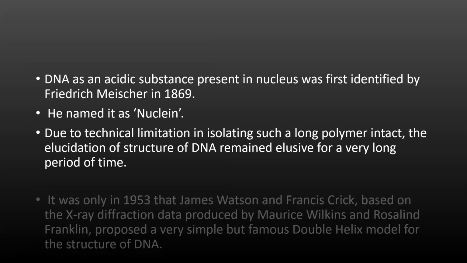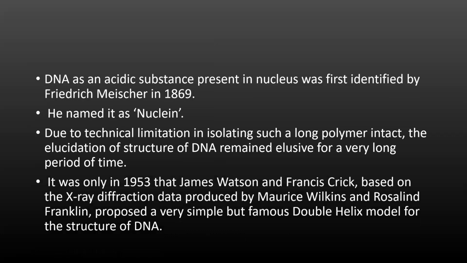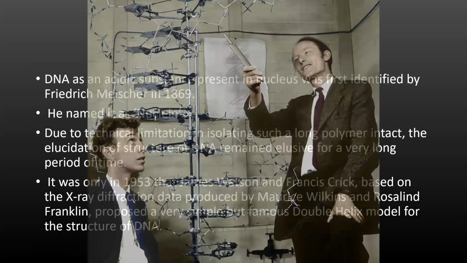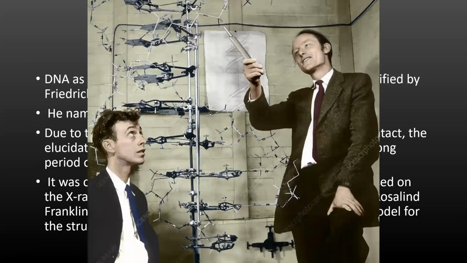But later, it was only in 1953 that James Watson and Francis Crick, based on X-ray diffraction data produced by Maurice Wilkins and Rosalind Franklin, who did X-ray study on DNA, gave a very simple, famous double helix model for the structure of DNA. Watson and Crick found the structure of DNA, and they were given the Nobel Prize for it.